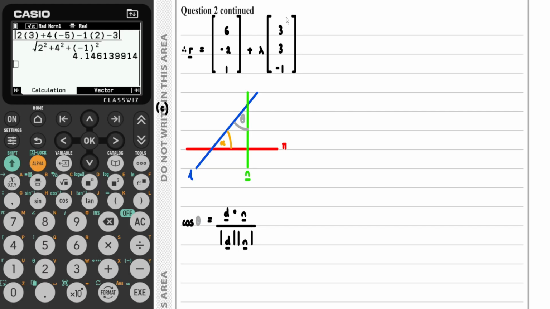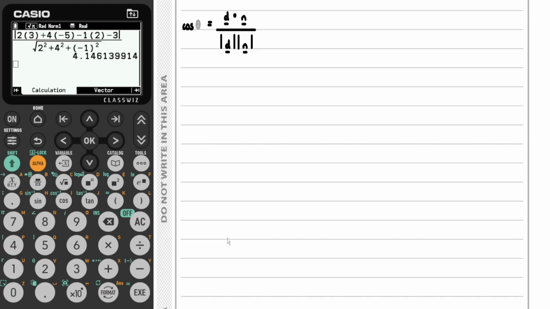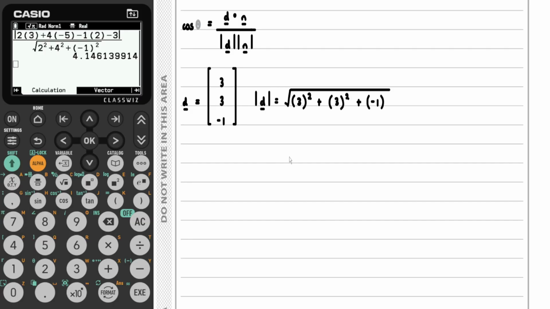Now we know what this direction vector is. That's (3, 3, negative 1). And what we can do from here is find out what the mod of d is. That's the square root of 3 squared plus 3 squared plus negative 1 squared, which is root 19.